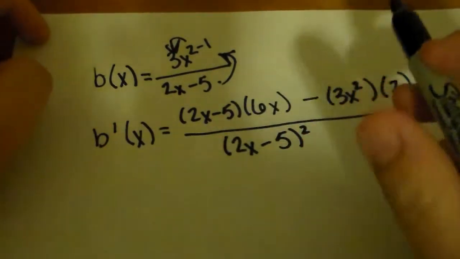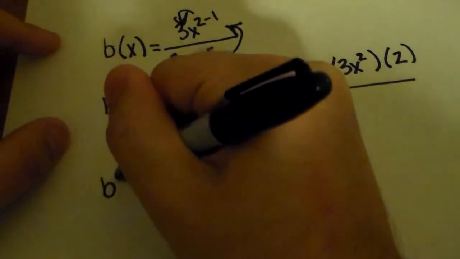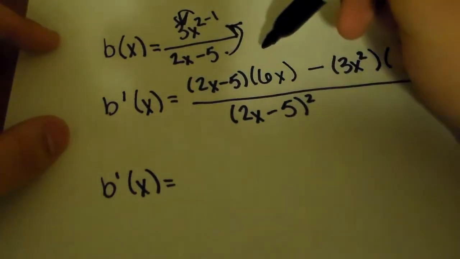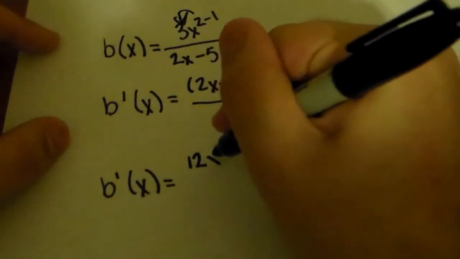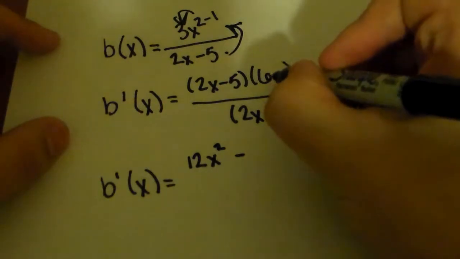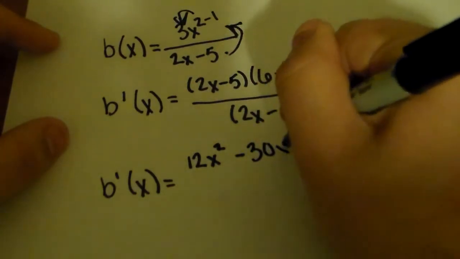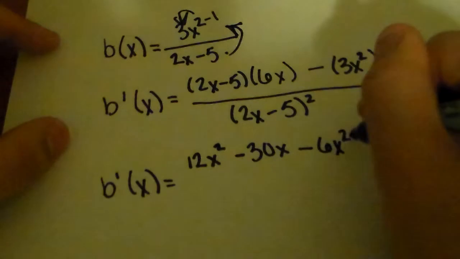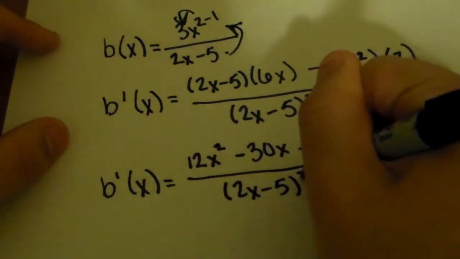So, what you can do next is write b prime of x equals, let's distribute this in, so it's going to be 6 times 2 is 12x squared, because x times x is x squared, minus 6 times negative 5 is negative 30, so 12x squared minus 30x minus 6x squared over 2x minus 5 quantity squared.